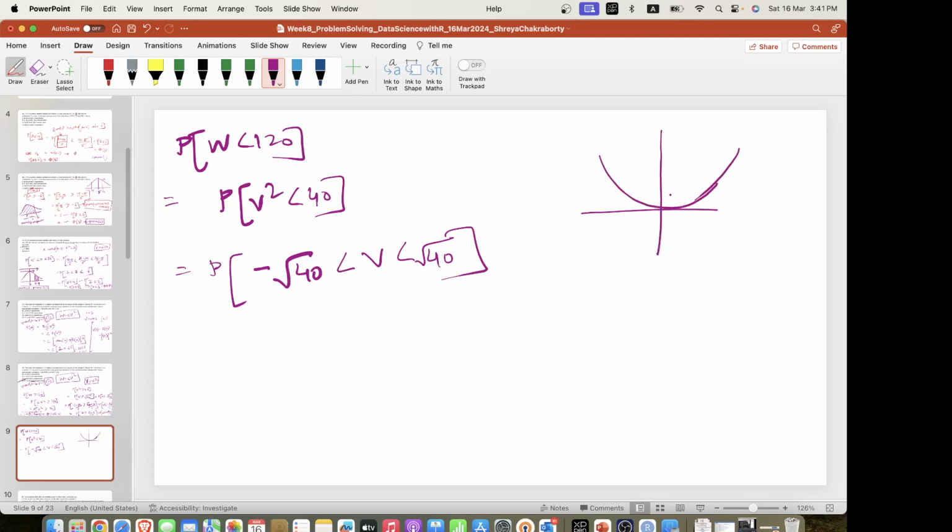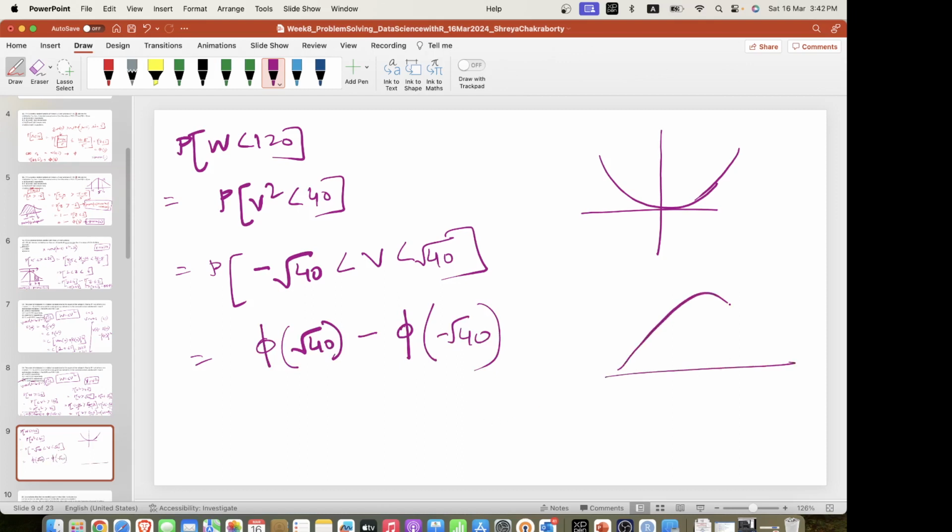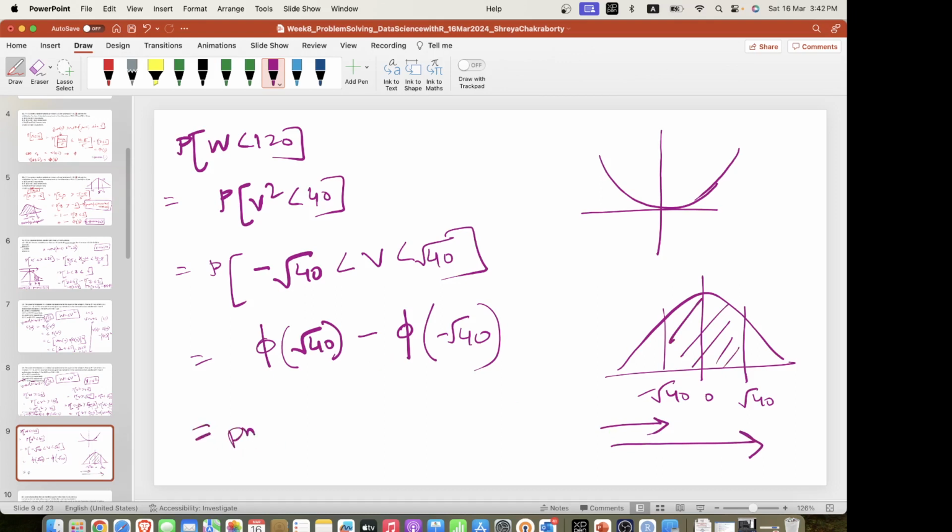The steps should be the same, but now this part should be phi of root 40 minus phi of minus root 40. This is root 40 and this is minus root 40. We want this area, so we calculate this much and subtract this much. Here in both cases, no lower dot tail equal to false is required. This would be p norm root 40 minus p norm of minus root 40. That's it.